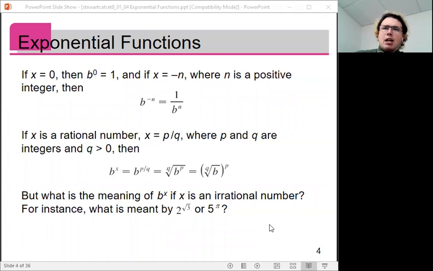Well, 2 to the power minus 1 would be a half, because negatives mean division when it comes to exponents. Okay, that starts to make sense a little bit. And if I have a rational exponent, x equals p divided by q, then all I have to do is raise my base, 2, to the power p, and then whatever that number is, I'll take the qth root of it, or equivalently, I could do the root first and then raise the power p.